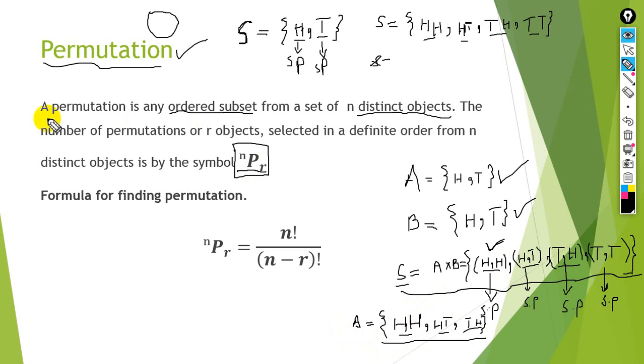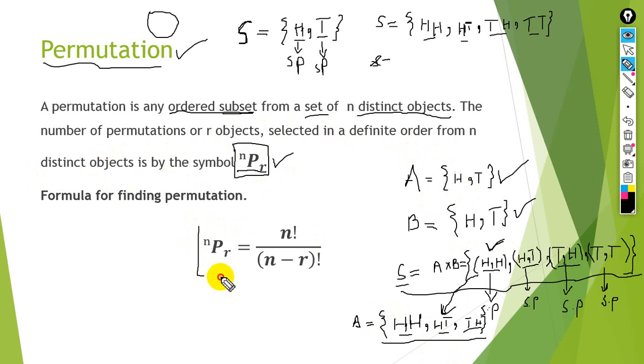So here what does it mean? A permutation is any ordered subset from a set of distinct objects. For example, this is a set, this is a sample space, and we can say this is the subset of that sample space. Okay, so now it will find the order from a subset. The number of permutations of objects selected in a defined order from n distinct objects is denoted by the symbol NPR.